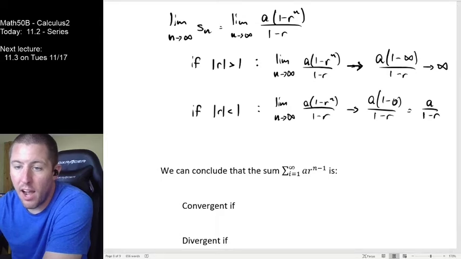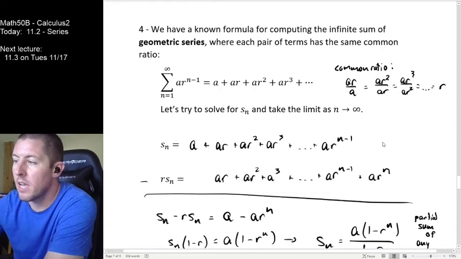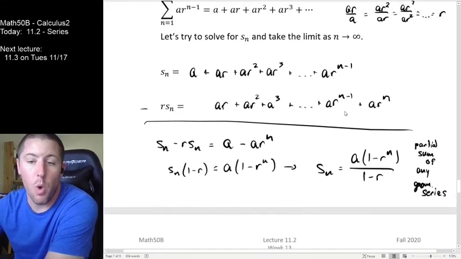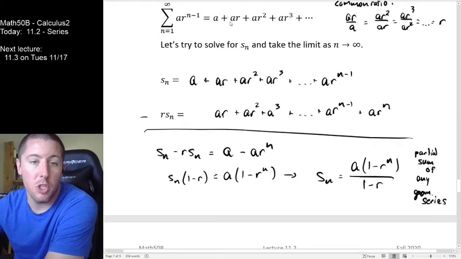And so this is our conclusion that we want to make. We can see that sometimes our geometric series converge, sometimes they diverge. It depends on what this common ratio value is going to be. And what we converge to has a in it, so it also depends on knowing the initial value that the sequence started at.